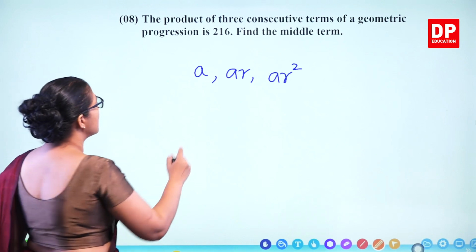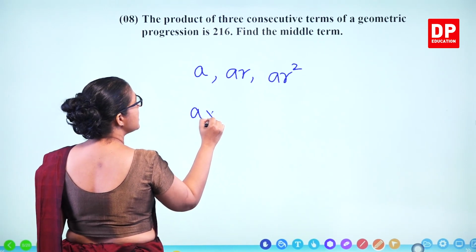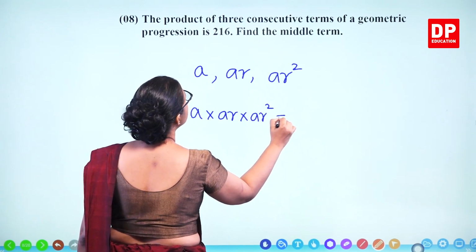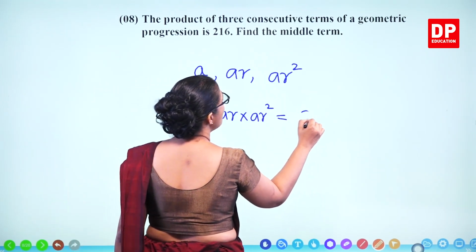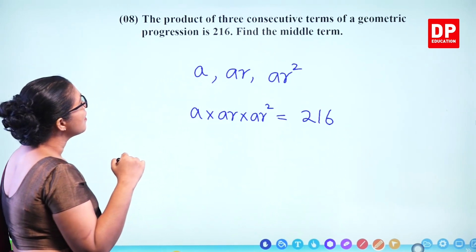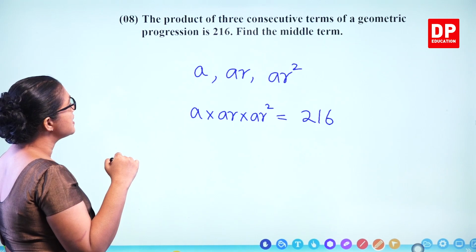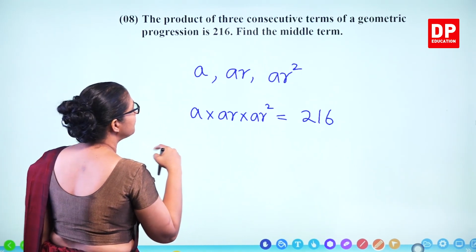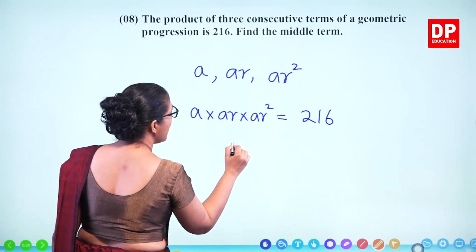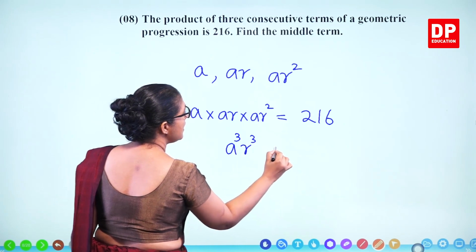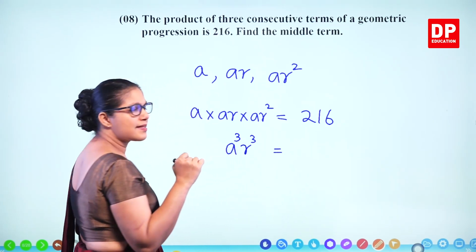The product means multiplication: A times AR times AR squared equals 216. Find the middle term. So what you get is A to the power 3, R to the power 3, equals 216.